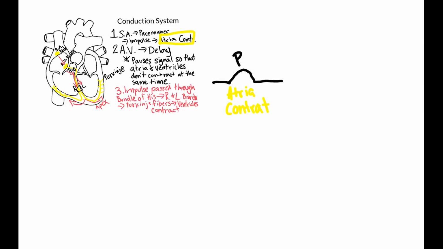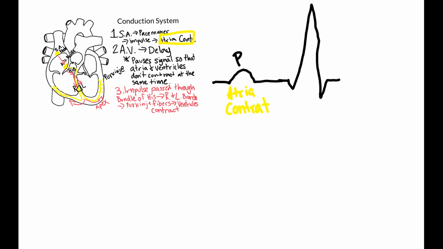The next part of the wave is known as the QRS complex. So you follow the wave a little bit, and then it dips down just a hair, and then it goes up. And it comes down, and then it goes back up.